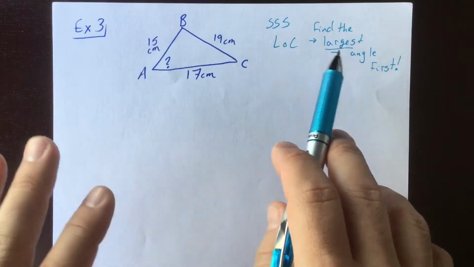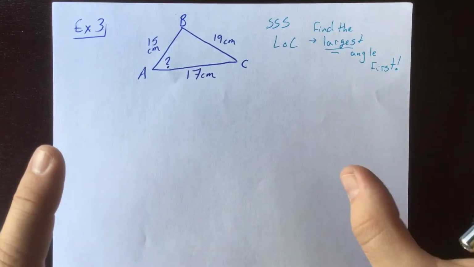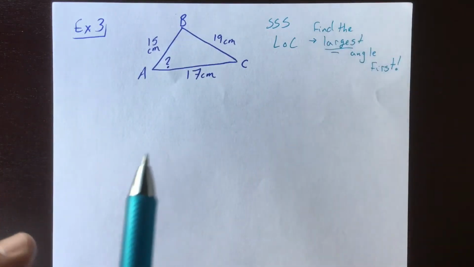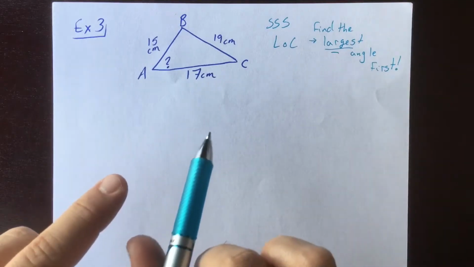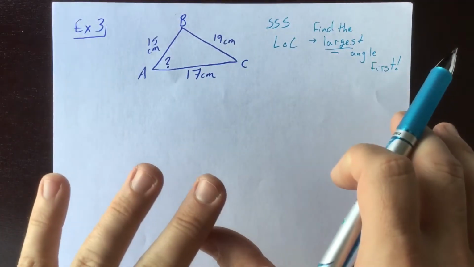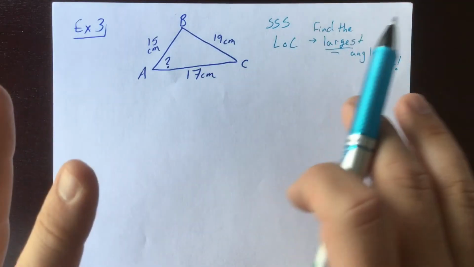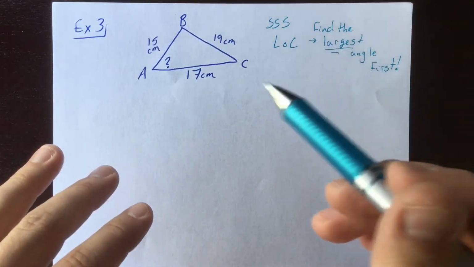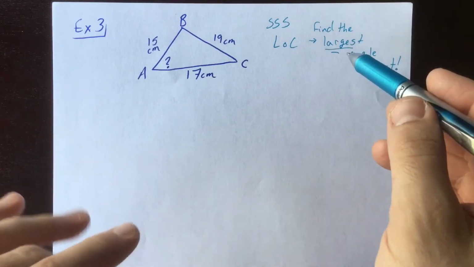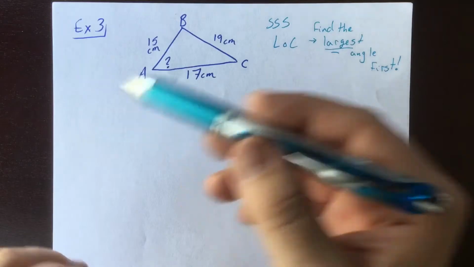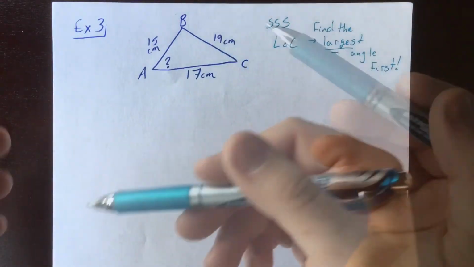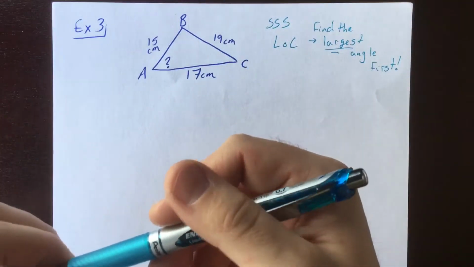So inverse cosine, when we use the calculator, will recognize an obtuse angle, whereas inverse sine will not. All of that to say, cosine recognizes obtuse angles, so we find the largest angle with law of cosines on the off chance that our largest angle is obtuse. It might not be, but off chance it is.